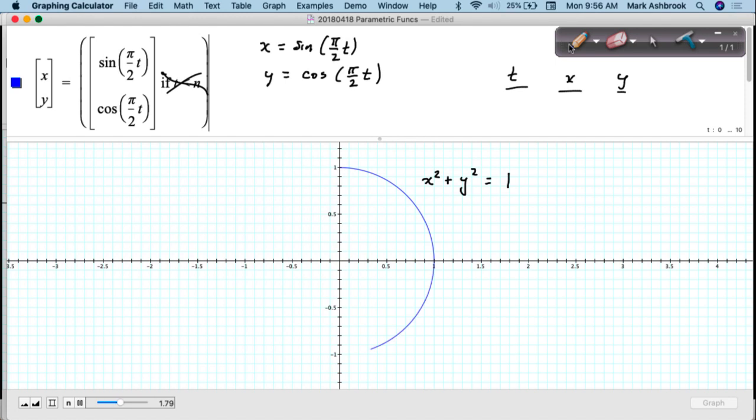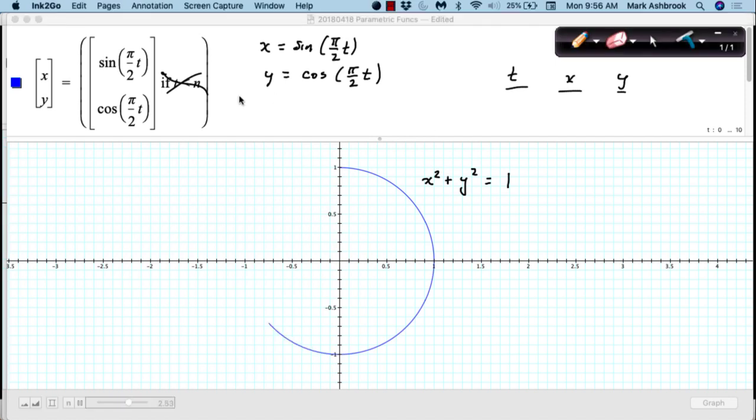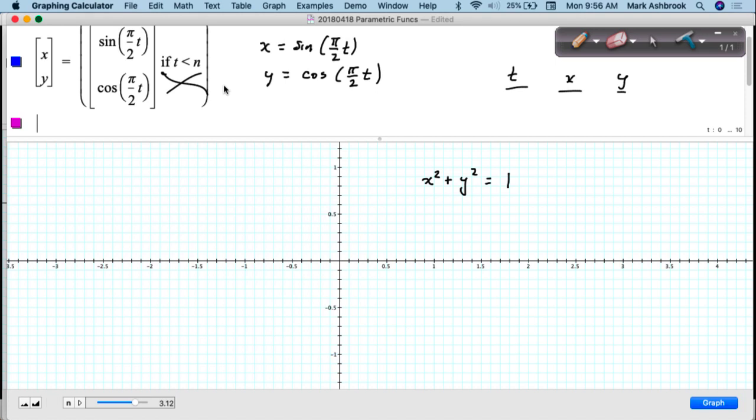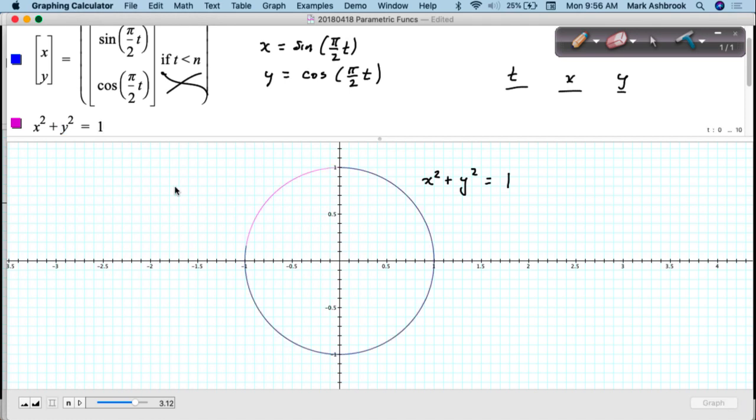Let's do this. Watch. So now if I graph x squared plus y squared equals 1, it is in this lovely yellow-green here, right?